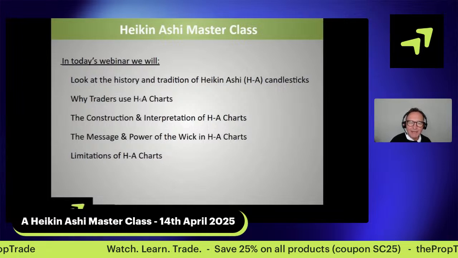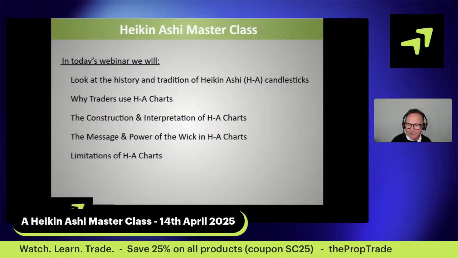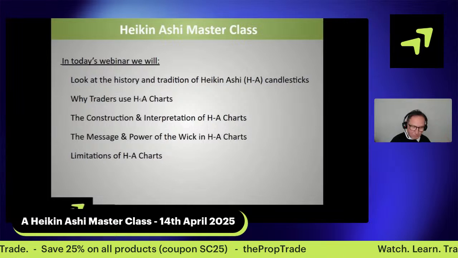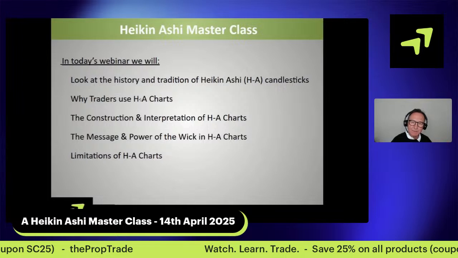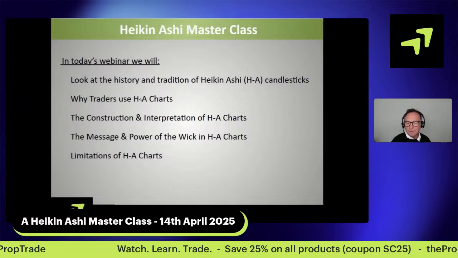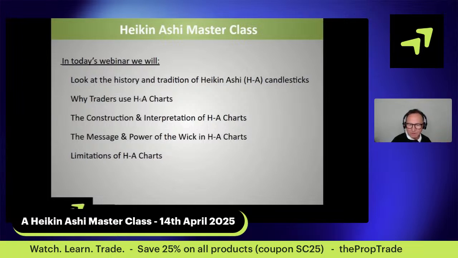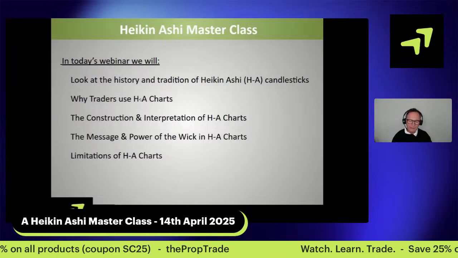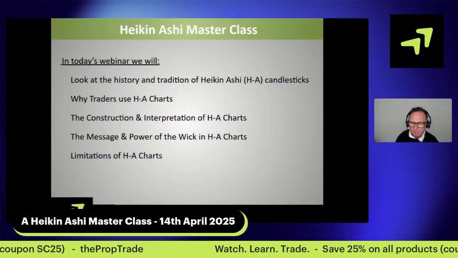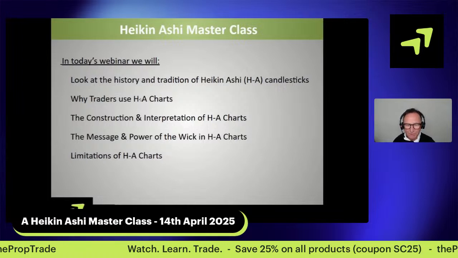The father of candlesticks created them along with Heikin Ashi candles. So Heikin Ashi candles actually came after the traditional candlestick pattern, which I know 90% of people use on their charts today. We'll look at how they're constructed and how we interpret them.